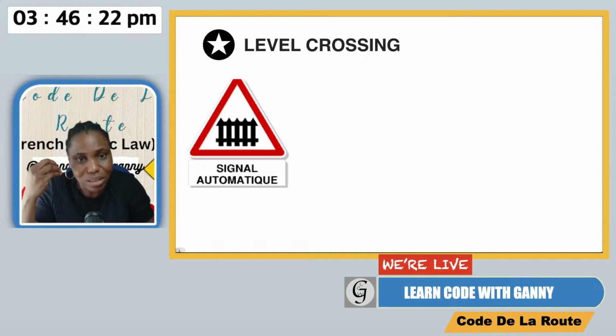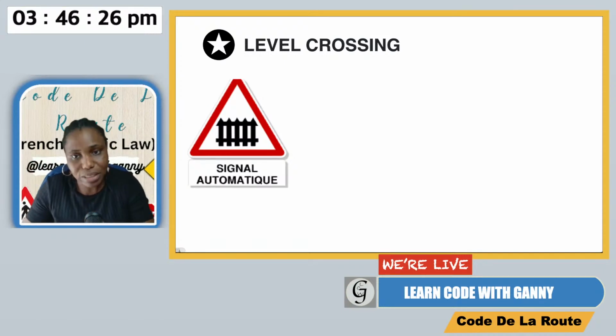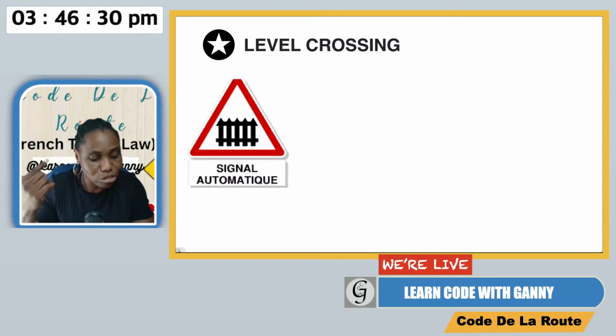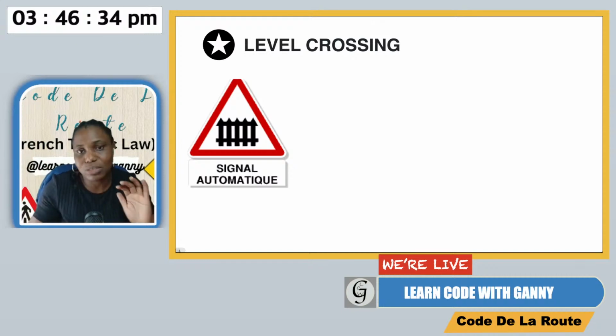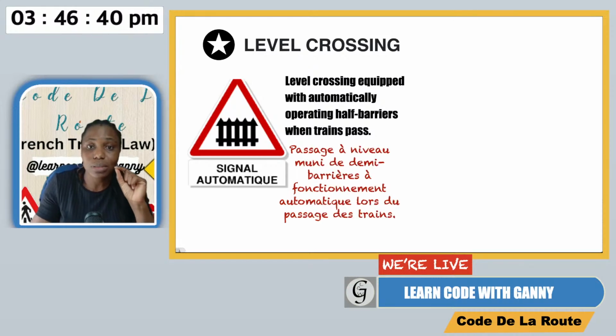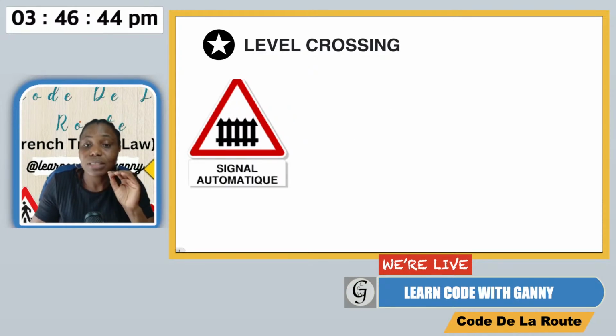It will automatically close down when a train is passing. So that is the difference between this one and this one: this one manual, this one automatic.